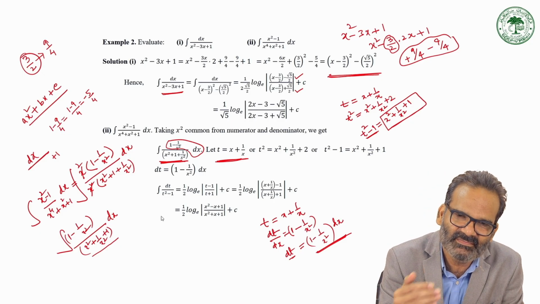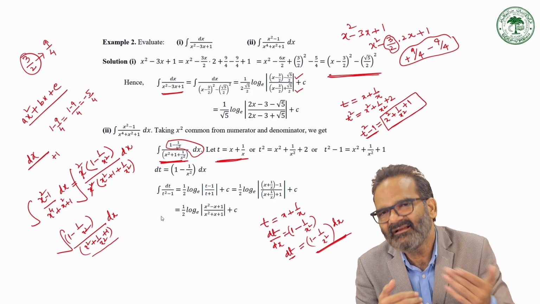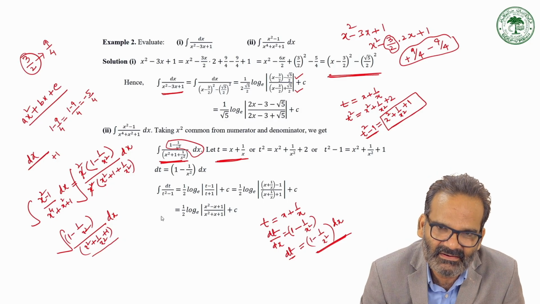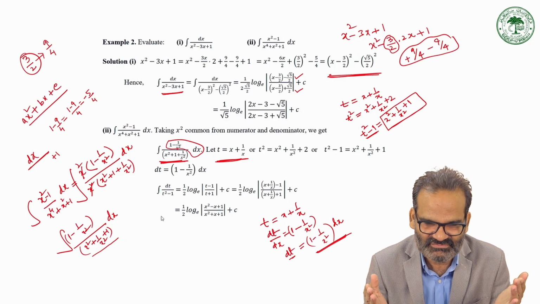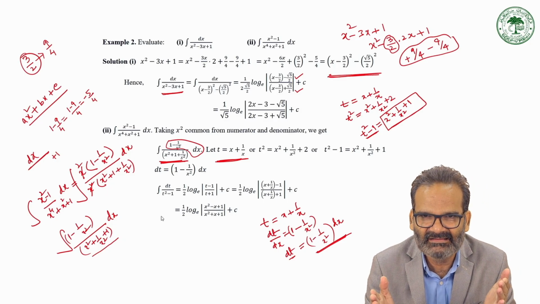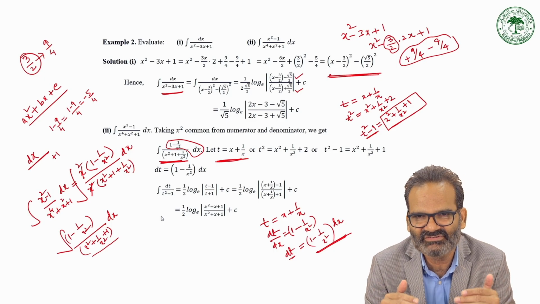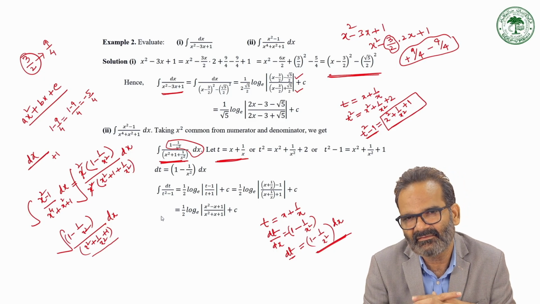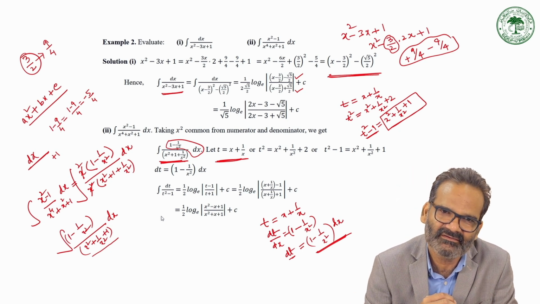Two, we can use the method of substitution by changing a variable to a new variable. Then we have used a specific case of the substitution method, that is, whenever a function is of the type numerator upon denominator, and the numerator is the direct derivative of the denominator.